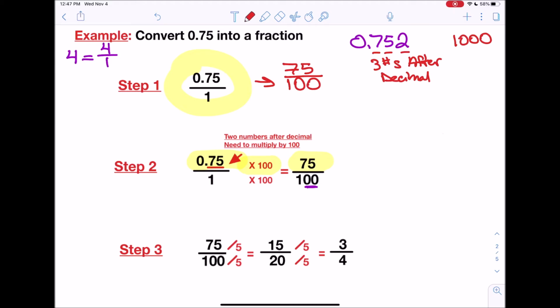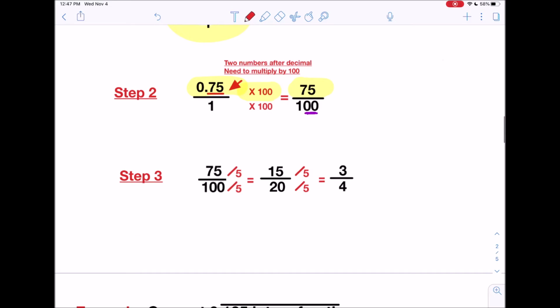You don't even have to multiply anything, because remember, the top number is always going to be the decimal changed into a whole number. And 1 times anything is itself. So 1 times 10 would be 10, 1 times 1,000 would be 1,000. So whatever your base 10 multiple is, that's always going to be your denominator. And then last but not least, you would simplify as always until you get 3/4.